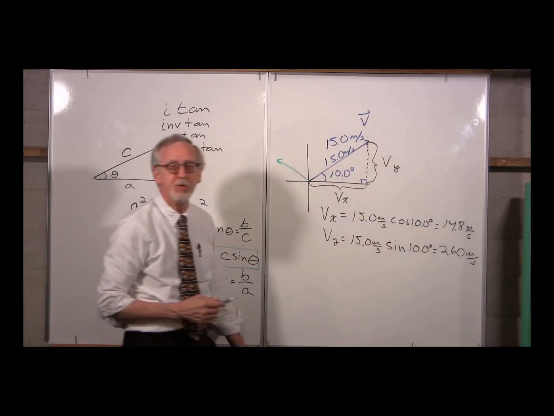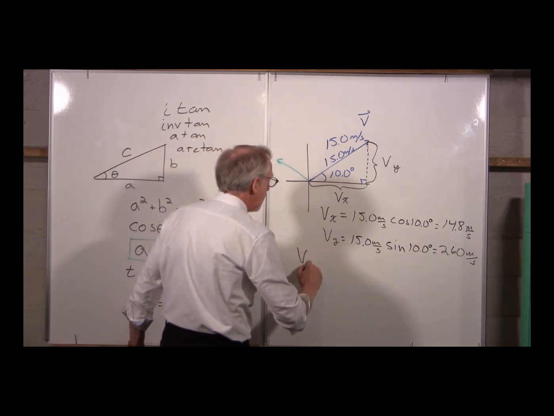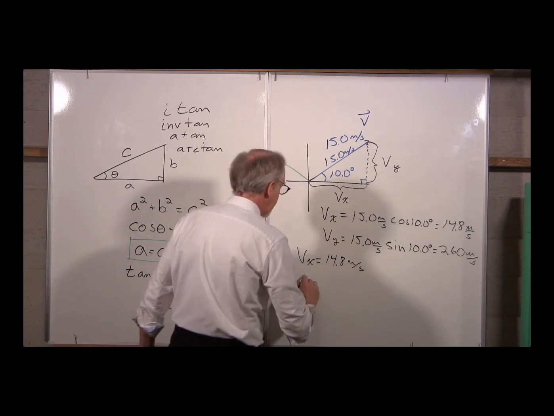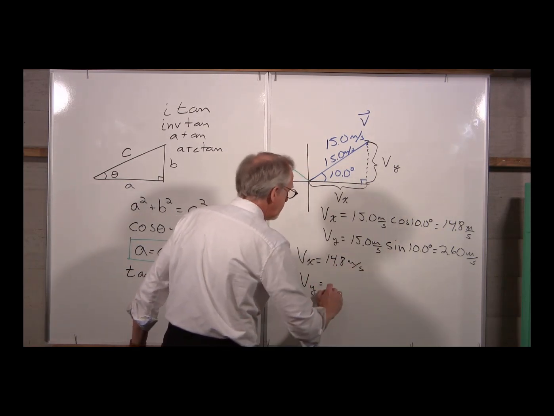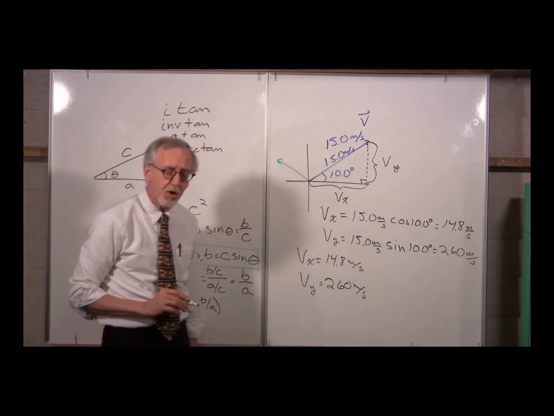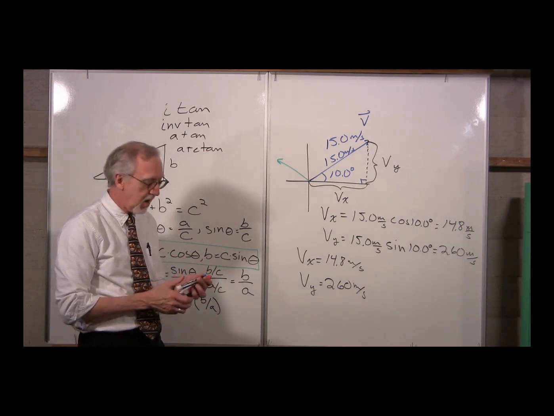And notice again, I've used 3 sig figs throughout. So what we have is that our x component, 14.8 meters per second, and our y component, 2.60 meters per second, those are the components of the vector.